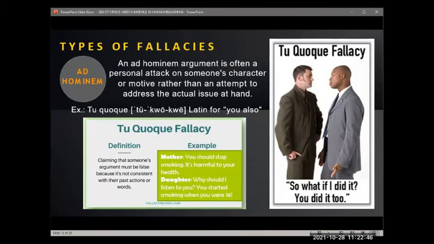You can notice it in this example: "So what if I did it? You did it too." The tu quoque fallacy claims that someone's argument must be false because it is not consistent with their past actions or words.